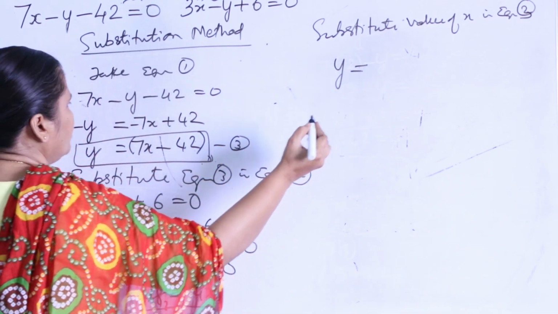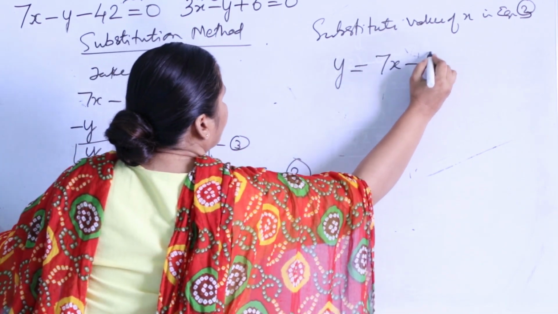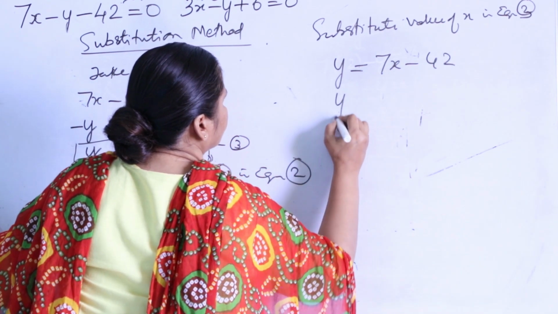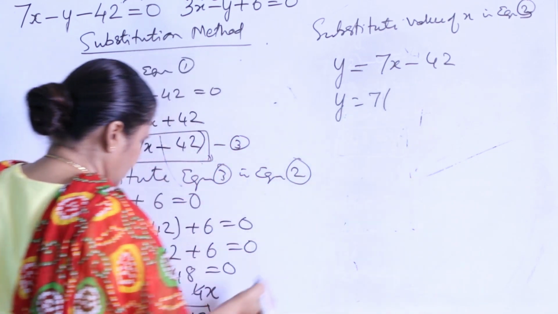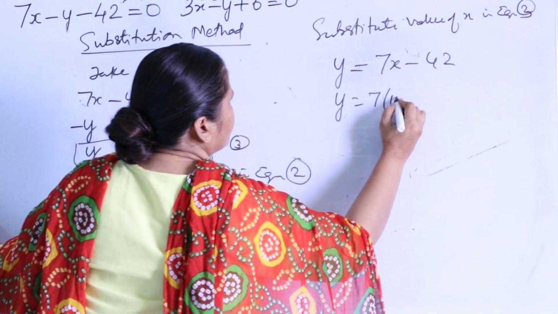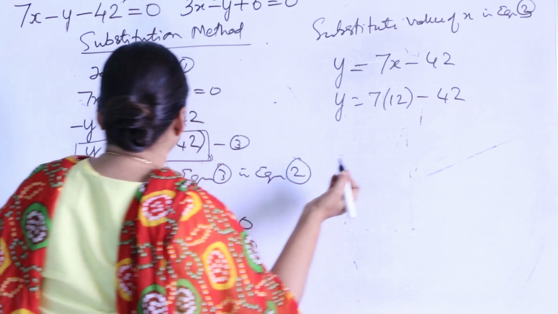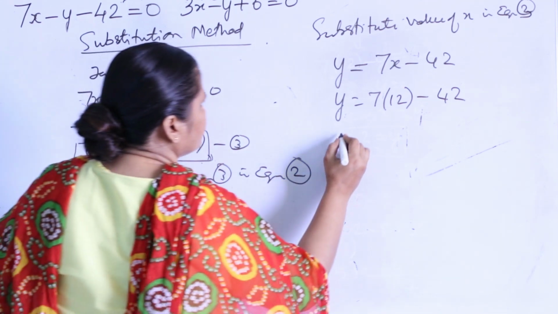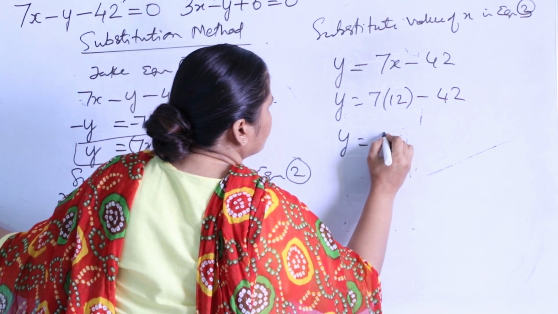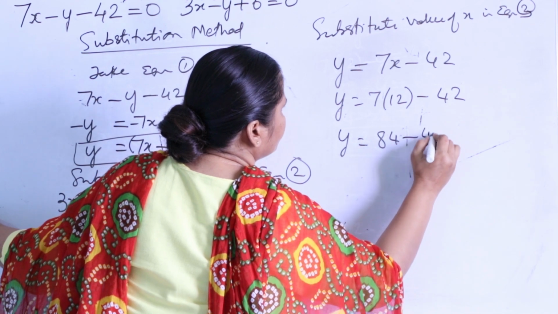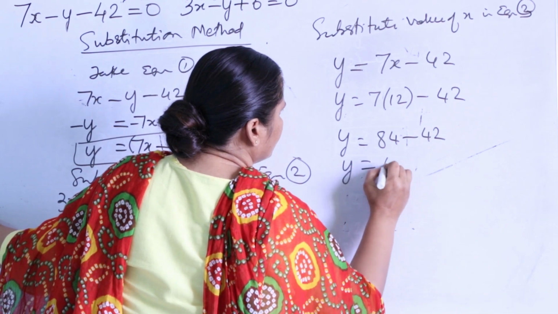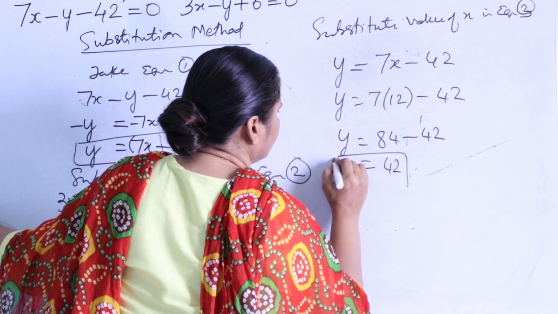Y is equal to 7x minus 42. What is this? 12 minus 42. 84 minus 42. Y is equal to 42.